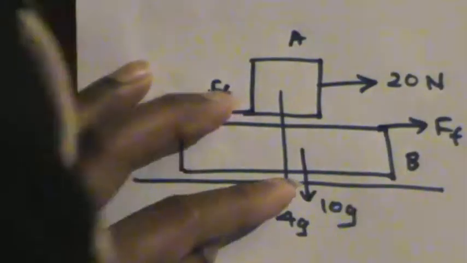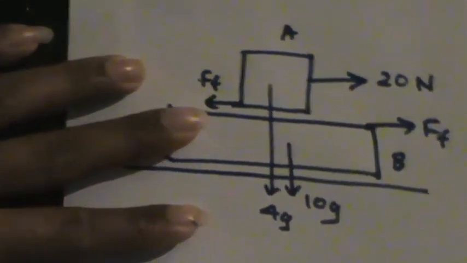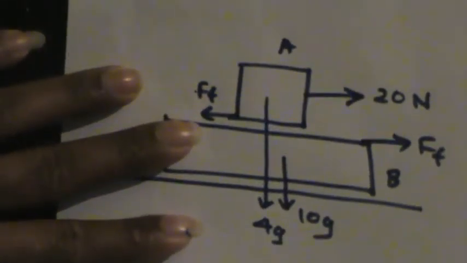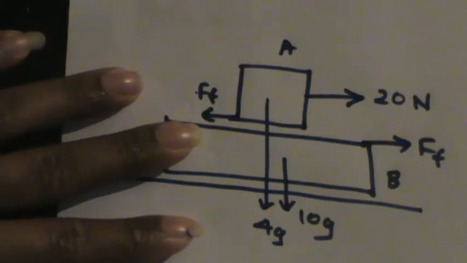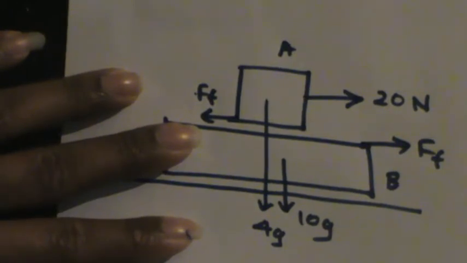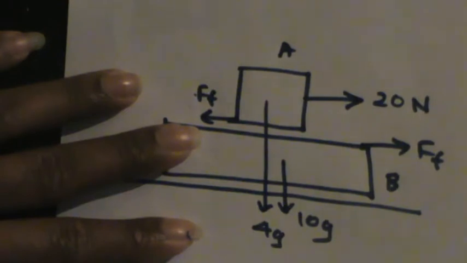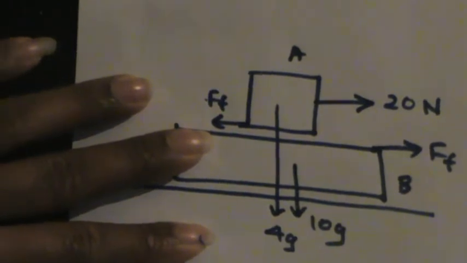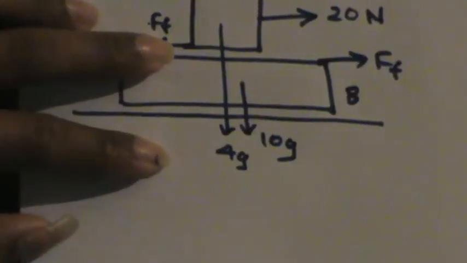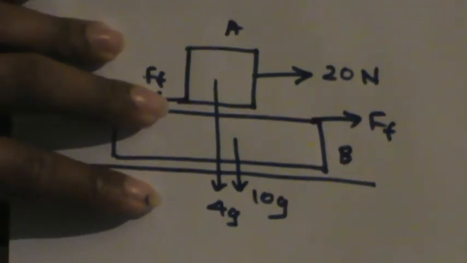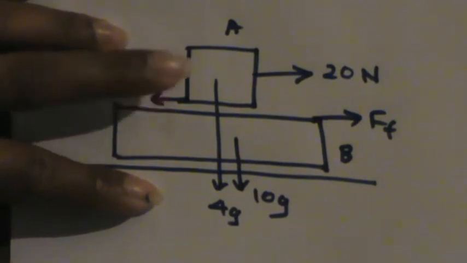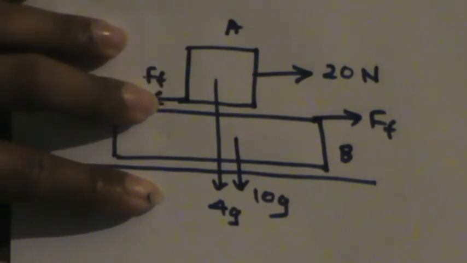So what will happen is B will exert a force so as to oppose the change in equilibrium. Initially, before putting the force, the two objects were in equilibrium. After putting the force on A, it will change. Objects normally don't like to break the equilibrium position. So B will put some force on A so as to oppose A's motion, and that will be in this direction.